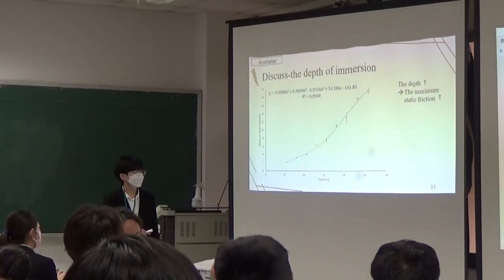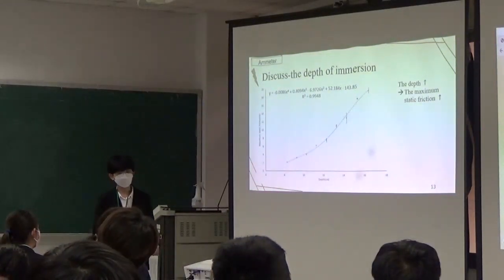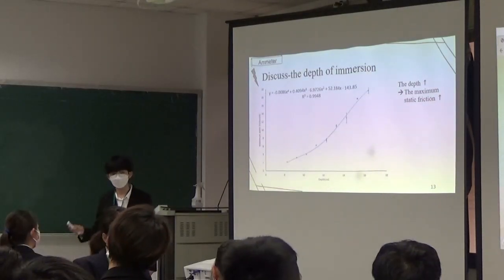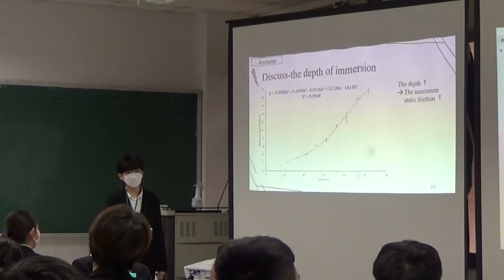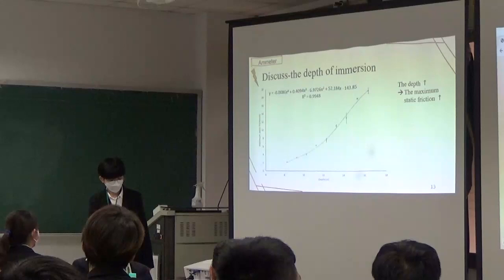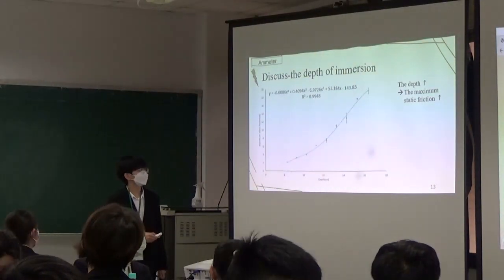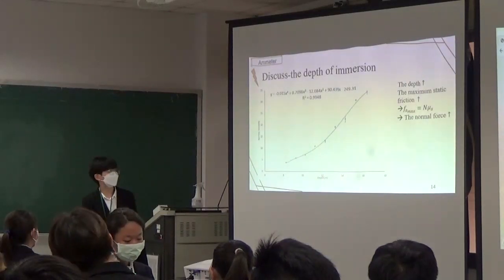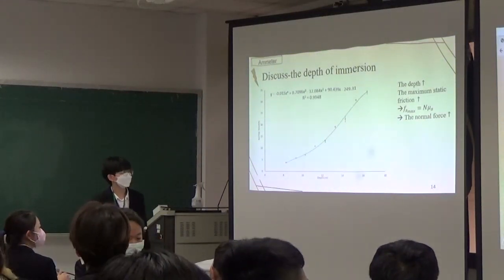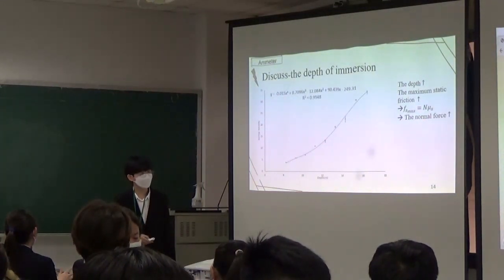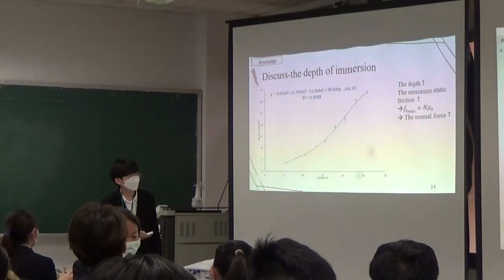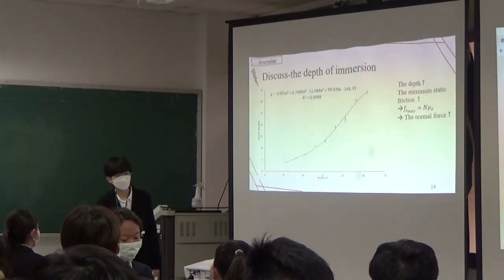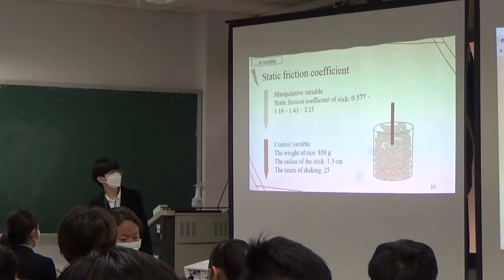And because this one is between lambda and 2 lambda, it is not a parabola. And when we change the y-axis to the normal force, we can know the friction force increases, because of this formula, the friction force also increases.